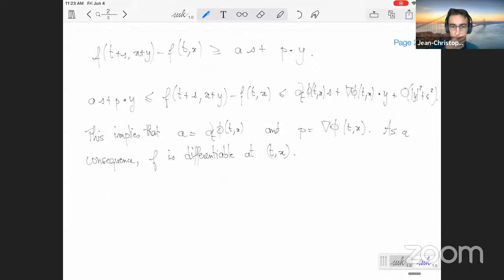Okay, so f is differentiable at tx, but now we're done because once we know that f is differentiable at this point, we also know that f minus phi has a local maximum at tx. So the derivatives of f and those of phi must be the same.